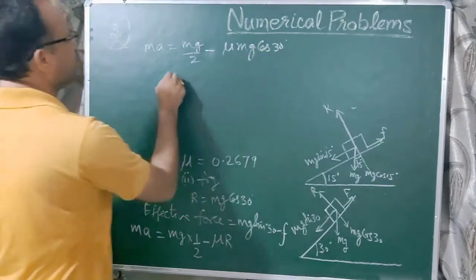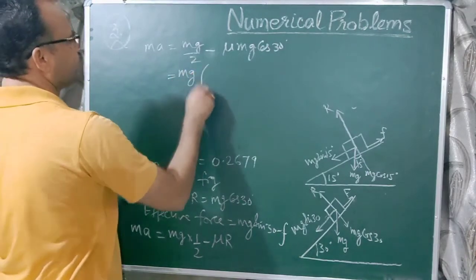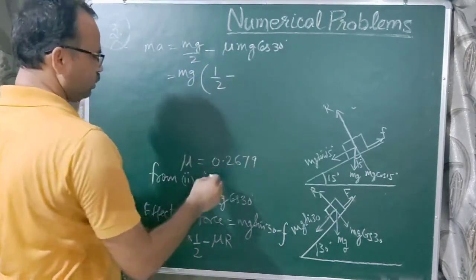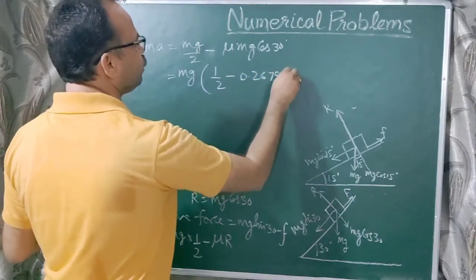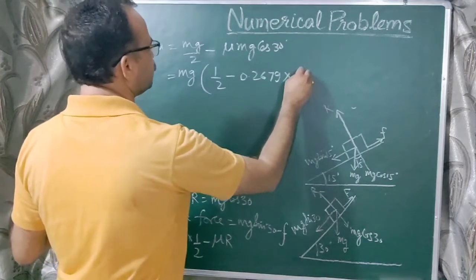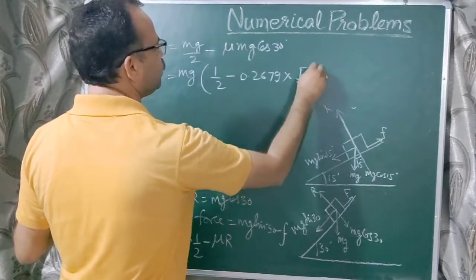So taking mg common, 1 by 2 minus the value of mu, 0.2679, into the value of cos 30, which is root 3 by 2.